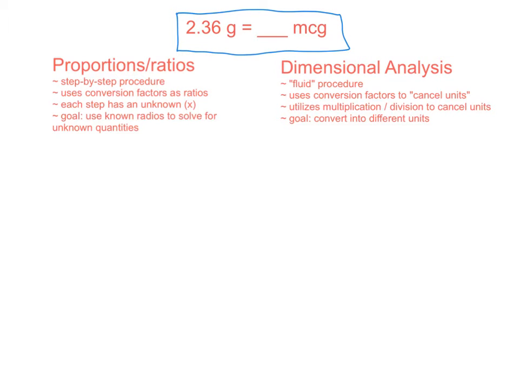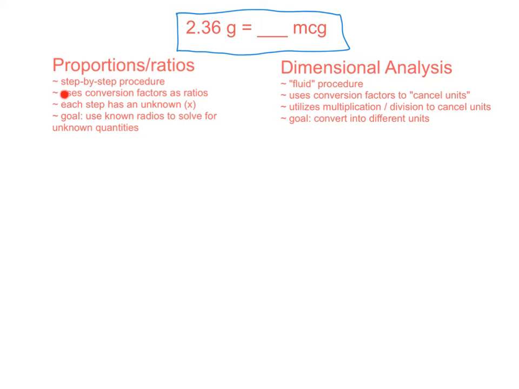So you'll have to first convert into potentially pounds, and then from pounds into ounces. And it's a very step-by-step procedure. Comparing that to dimensional analysis is more fluid, meaning you still have to convert and have intermediate conversions, but you don't have to break it up into multiple problems. You can just add it as another step in the dimensional analysis procedure.